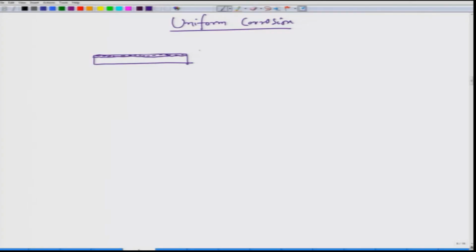That is why we get metal from metal ores, and then finally, we again return to metal ores due to corrosion. So, this uniform mode of corrosion is good because we do not have a preferential attack at any position.